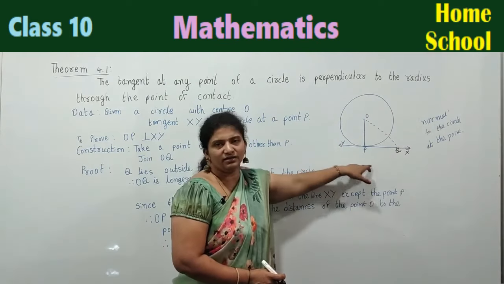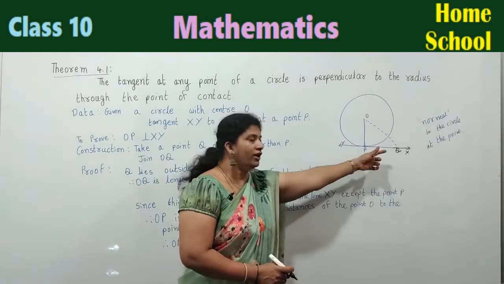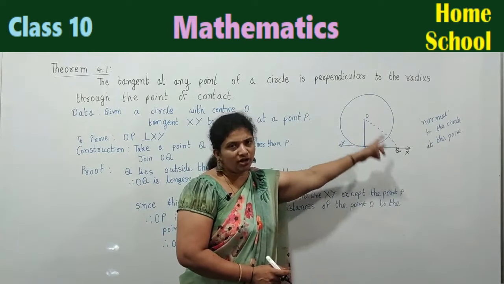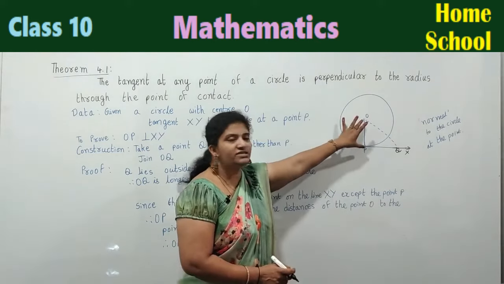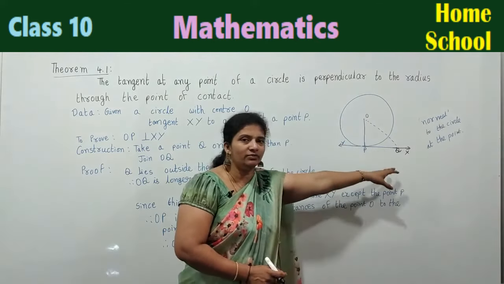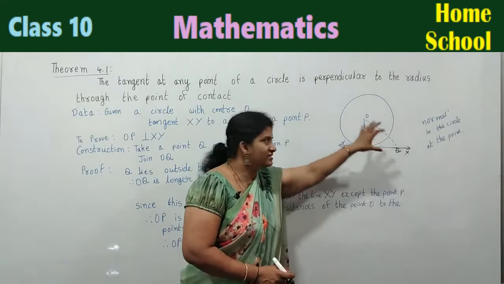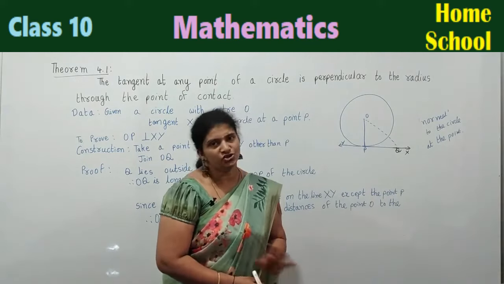Join it to the center and you get the radius. Assume another point on the tangent and try to join it from the center. Comparing these two lines, this radius will be the shortest.